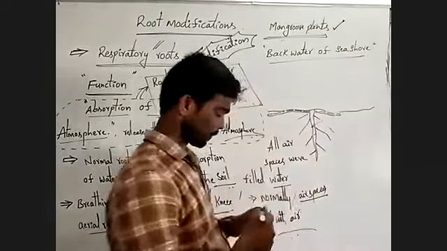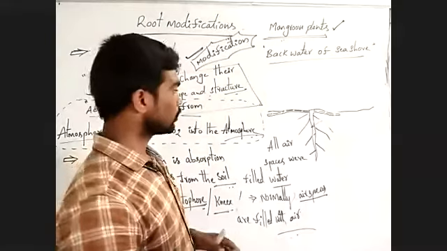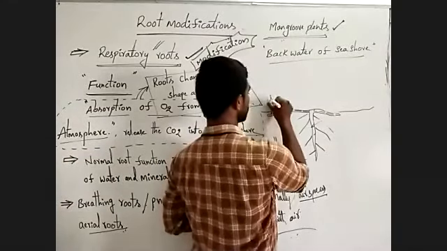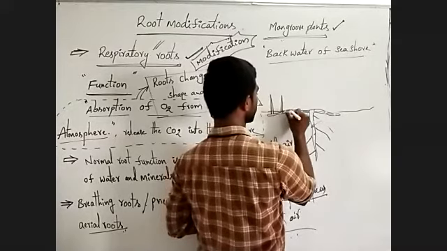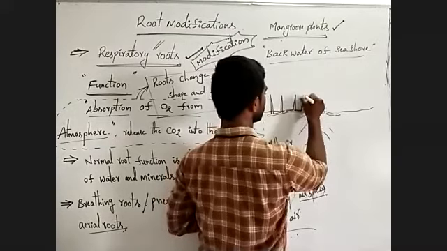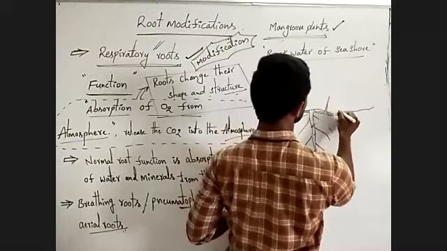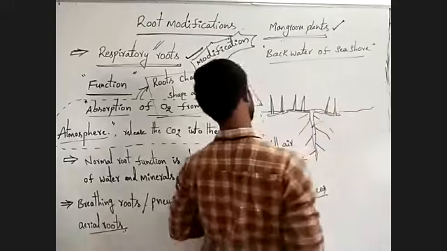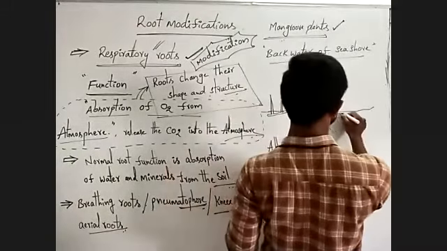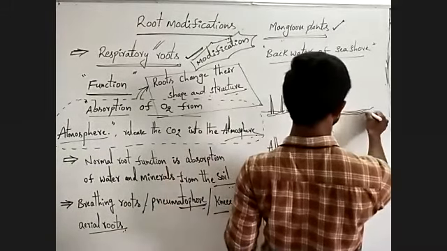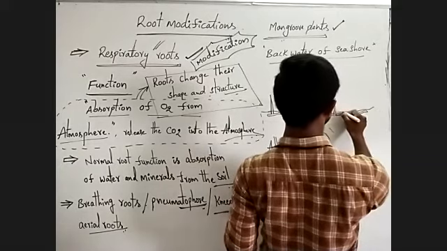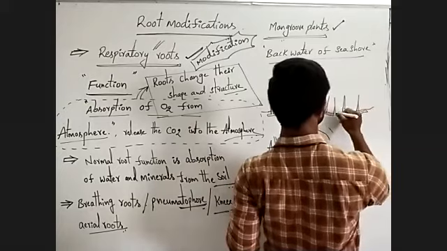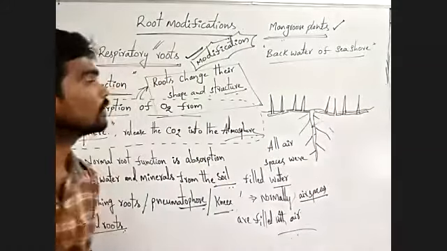From the laterally growing root, some vertical roots are grown out of the ground like this.